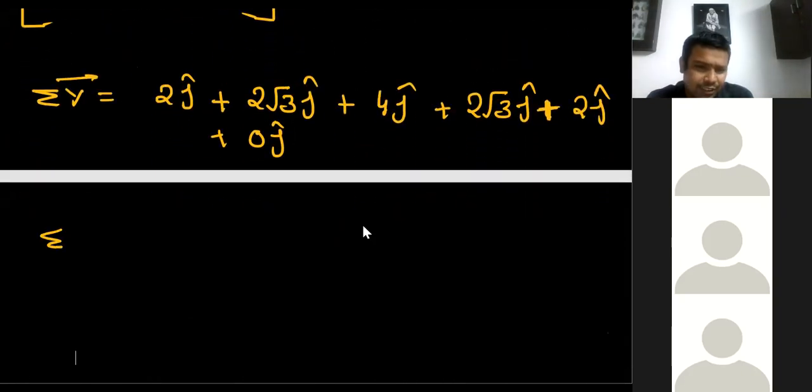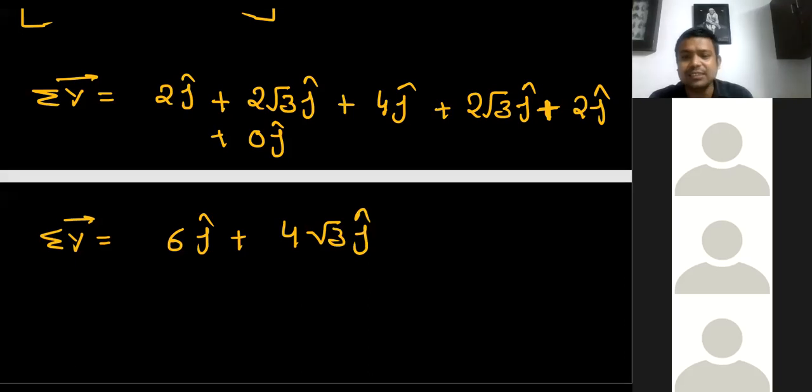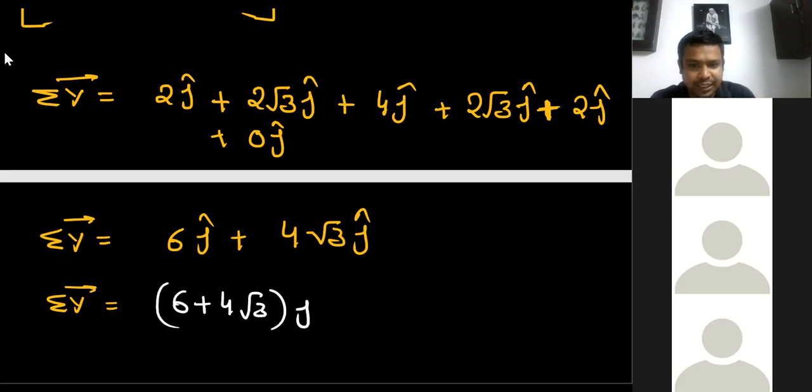So my dear friends, tell me, the summation of Y is 2J cap plus 4J cap plus 2J cap, which is what? It is 8J cap, not 6. Yes, thank you, my friend: 2 plus 4 plus 2 is 8J cap. So the summation of Y is 8 plus 4 root 3 J cap.